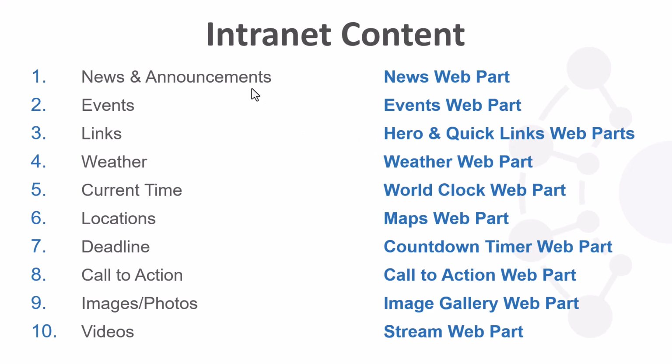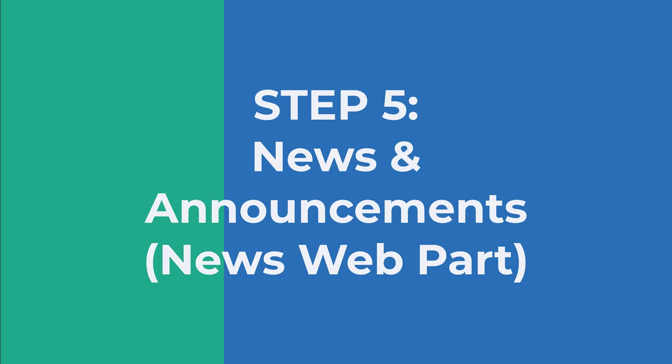For example, for the news and announcements, the obvious choice is the news web part. But like I said before, in some cases, there are just multiple ways to display the same kind of information. For example, for links, we have several web parts that we could use, and I'm going to demonstrate those a little bit later in this tutorial.